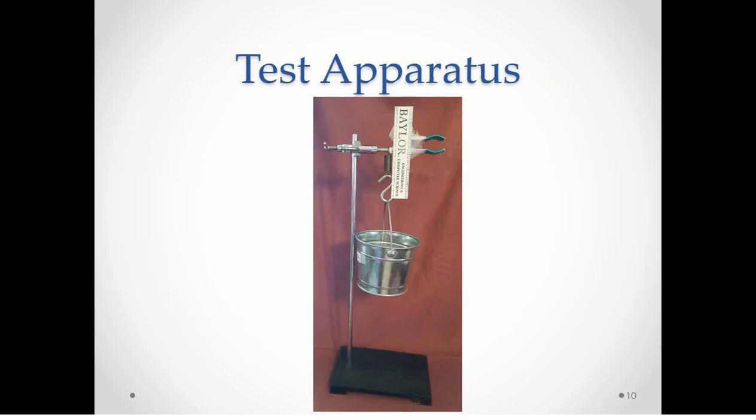The test apparatus is shown in the photo on this slide. The end of the clamp with the green fingers was unscrewed from the part that attaches to the stand. The spring was slipped onto the threaded component of the clamp, and the clamp was reassembled. The ruler was taped to the clamp such that the metric side of the ruler was placed close to and parallel to the spring.